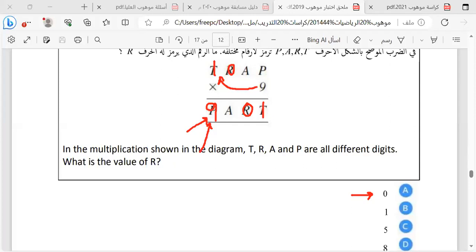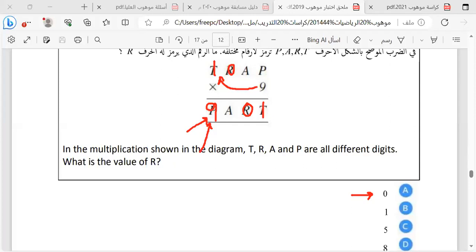And then up, so 9 times 8 is 72, because we have 8 here in your hand. Now we need the result to be 0, because R is 0. 9 times what plus 8 equals 0?